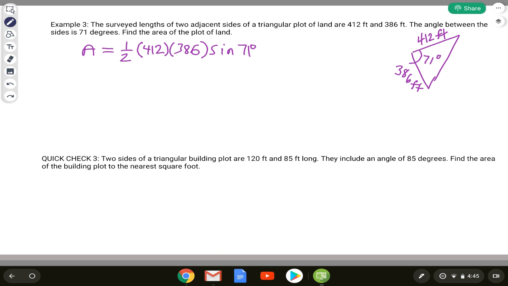I'll have 412 times... I get 75,183.86 square feet, if I plug that in my calculator correctly.